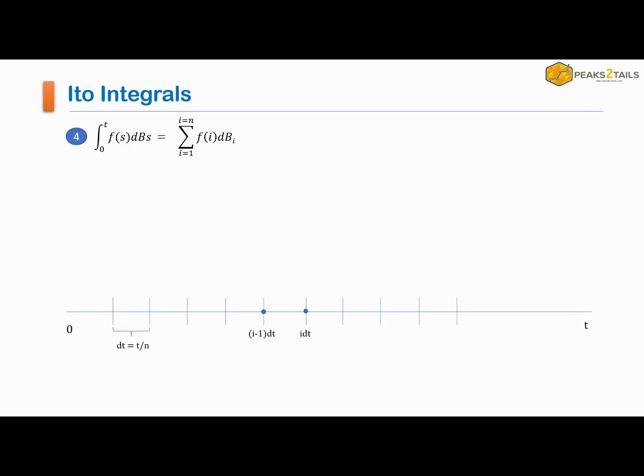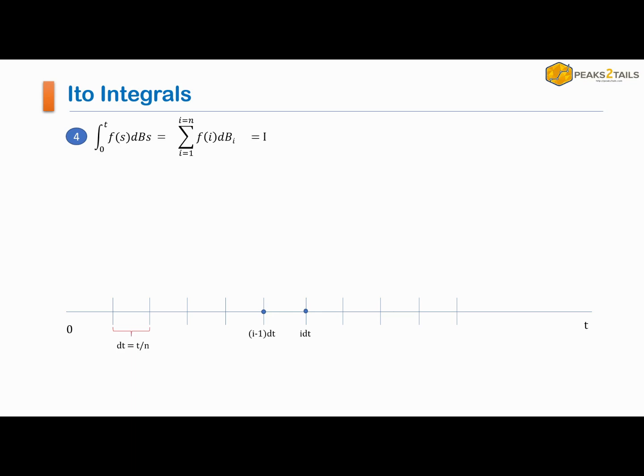All right. Now since this is a linear combination of normal randoms, because dBi, remember, is always a draw from a normal distribution with mean 0 and variance dt, the output will be a normal distribution.